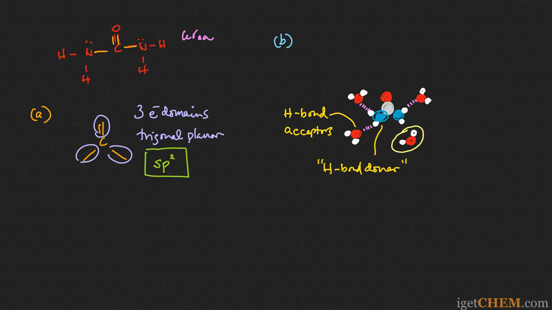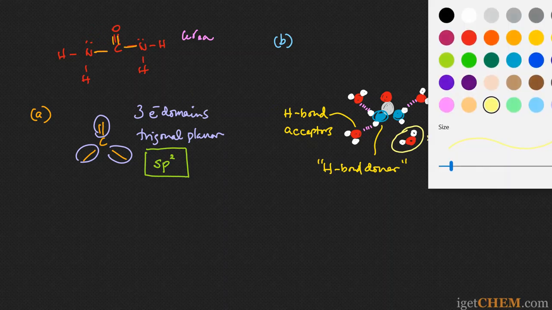So you see in this case, this will not make a hydrogen bond with the urea molecule. So I think on the AP test, they are going to assume that either one of these three is acceptable. You are asked to provide only one dashed line.